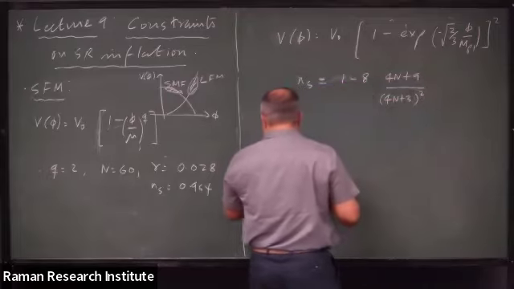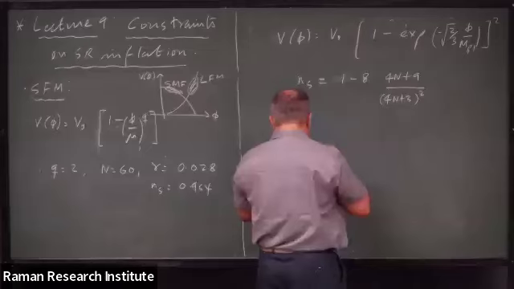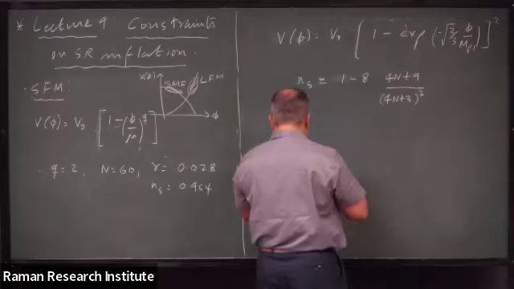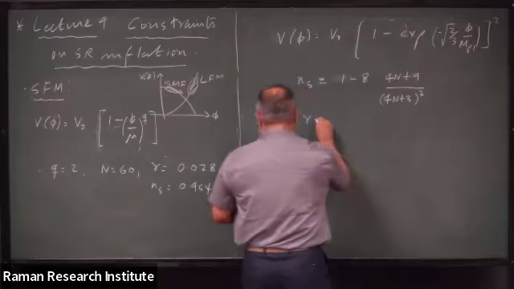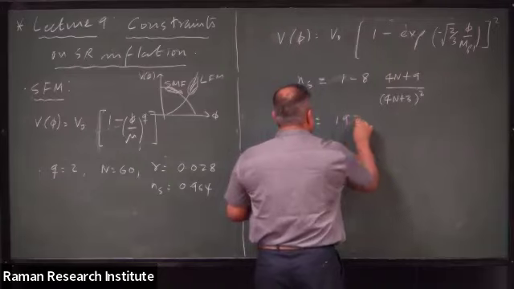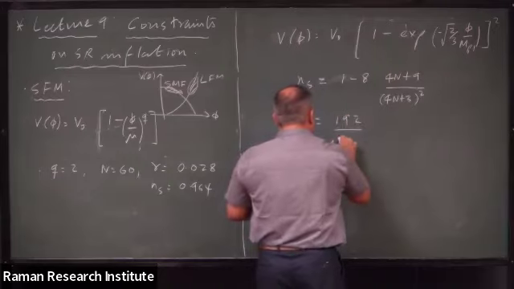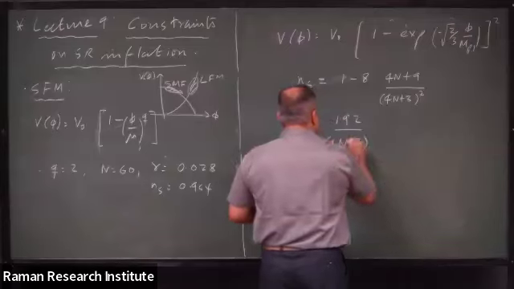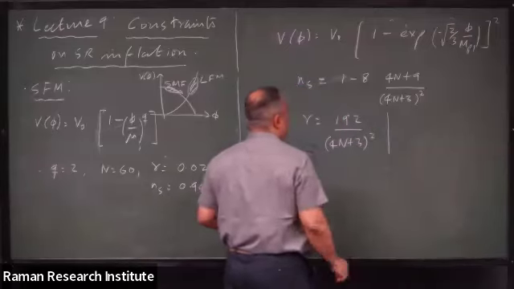And let me see whether I have the expression for R. R happens to be 192 by (4N plus 3) whole square.